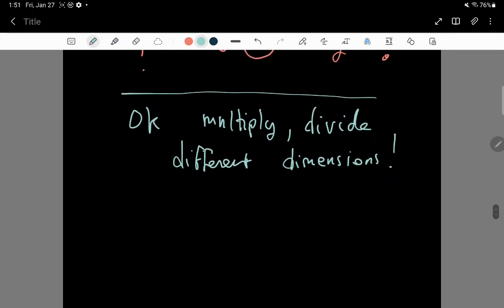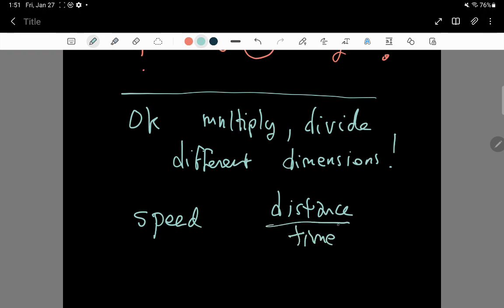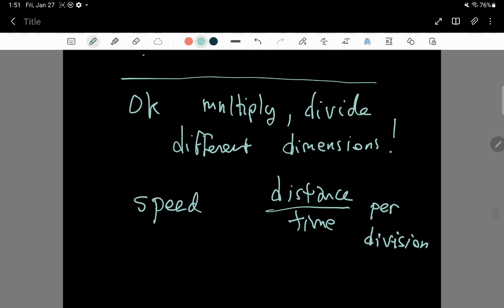For example, this is how you can get composite pieces of data. So for example, speed. Speed is a distance per time, right? So this per is the same word as division. It's distance divided by time.